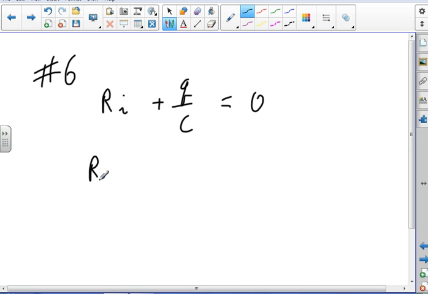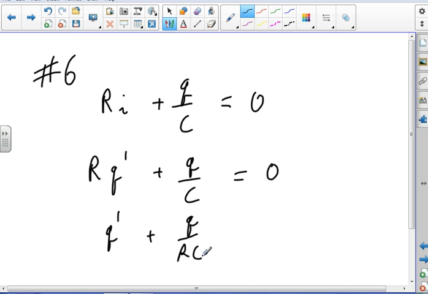So I have R q prime plus q over C is equal to 0. I can divide by R to get it in the right form: q prime plus q over RC is equal to 0. And I know that q at 0 is equal to 3.